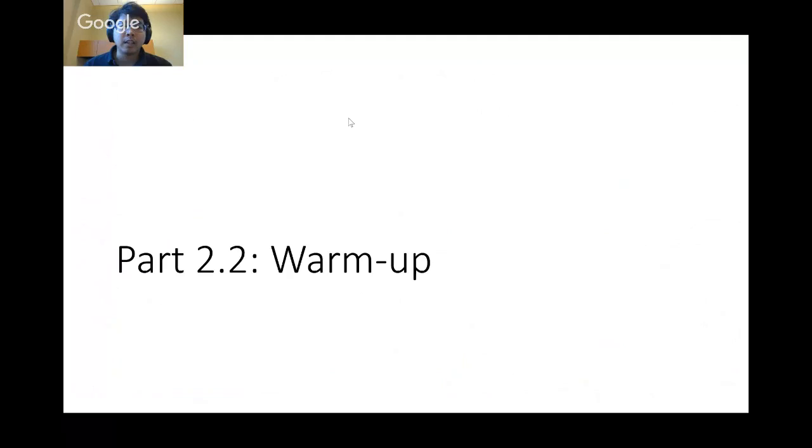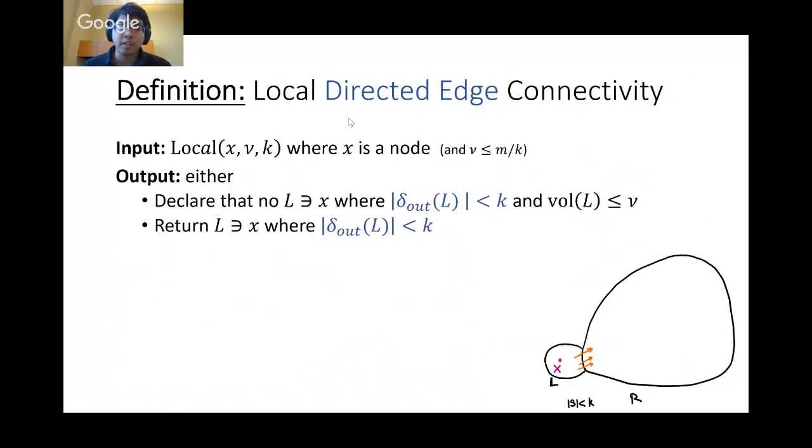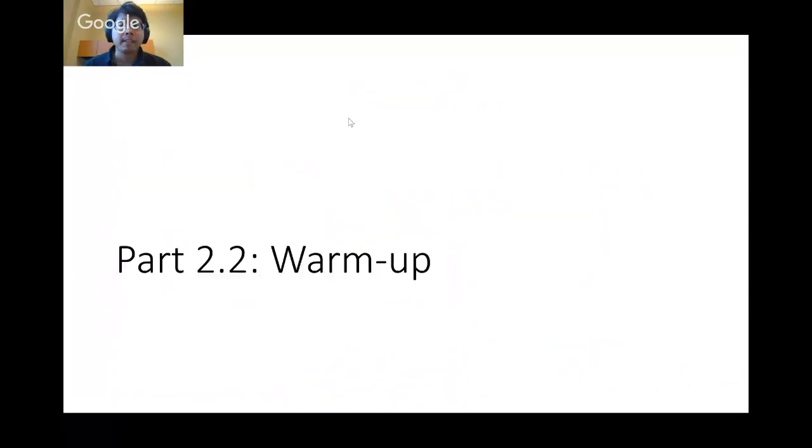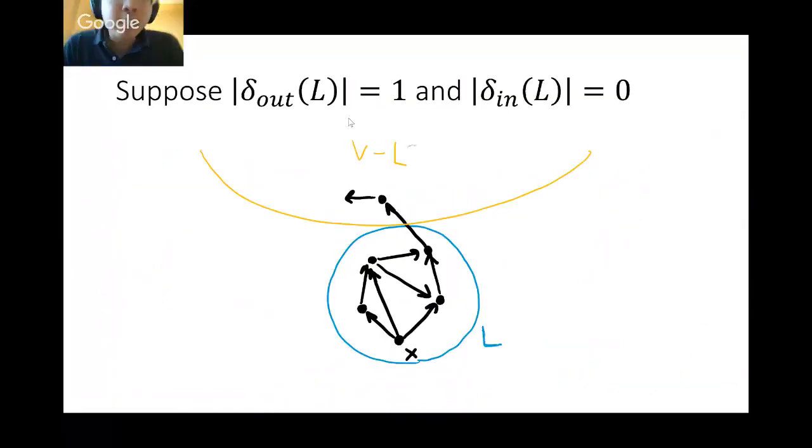So let's see how to solve this local directed edge connectivity. As a warm-up, let's see the simplest case. Suppose that there is a set L, and there is only one edge going out from L, and moreover, there is no edge going into L. How do we detect such an L in this case?